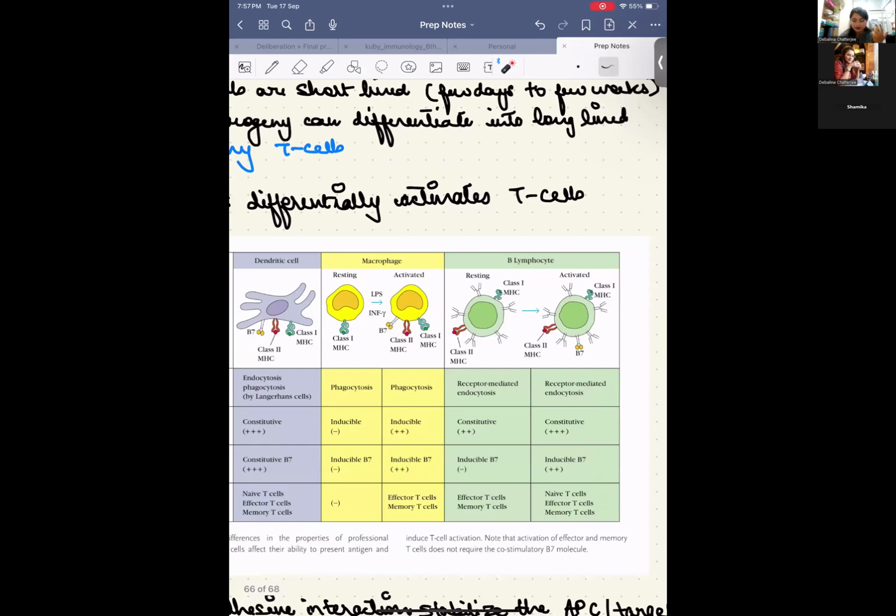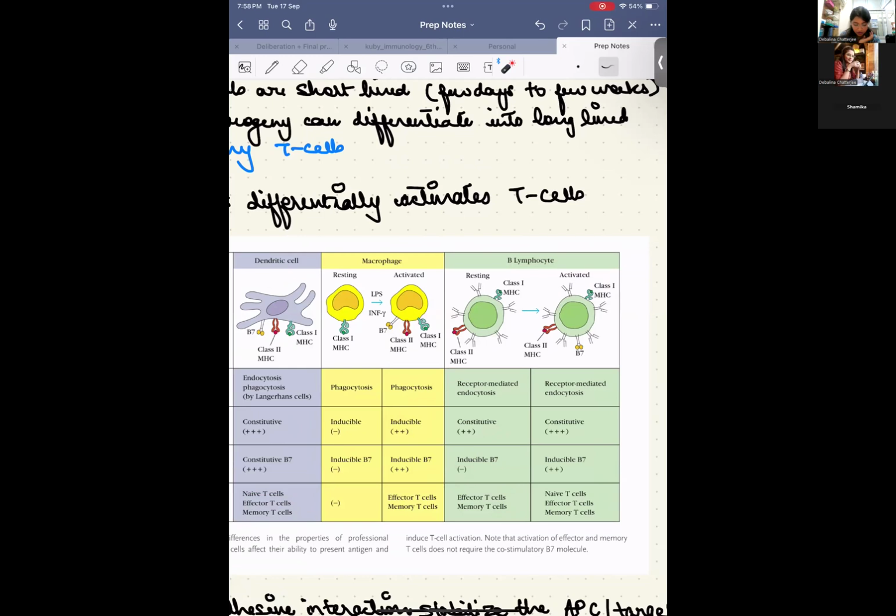Similarly, for your B lymphocytes, we have constitutive expression of MHC2, but again lesser than compared to dendritic cells, and there is an inducible expression of B7. So initially there is no B7. So here the effector T cells and the memory T cells can still somewhat get activated because of their possible interaction with the MHC2 molecules, right?